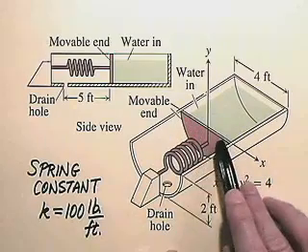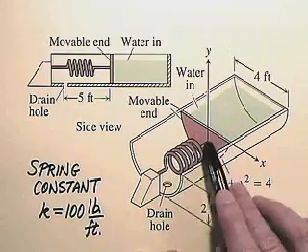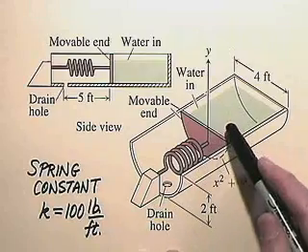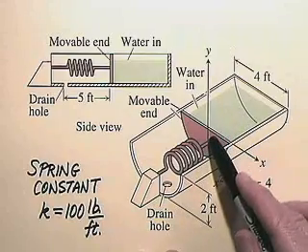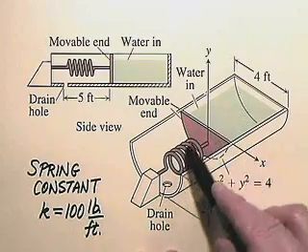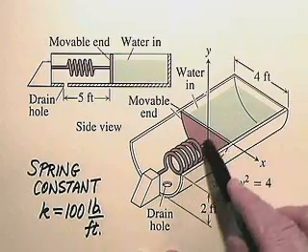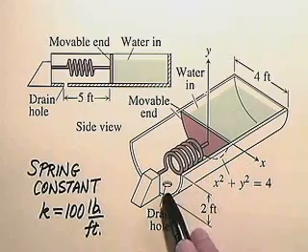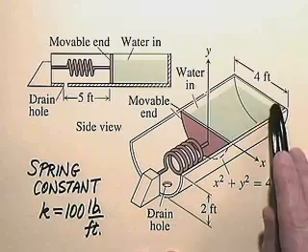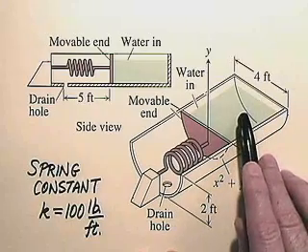The reason this end is movable is because it's held in place by a spring, and of course the depth of the water determines how much force is on this plate, and so consequently how high the water is will determine the position of the plate. And notice what there is right here, a drain hole. So suppose we start pouring water into the tank.